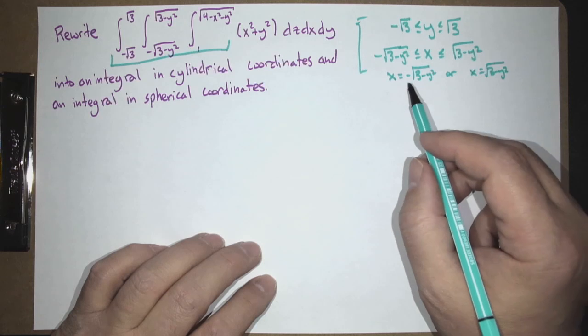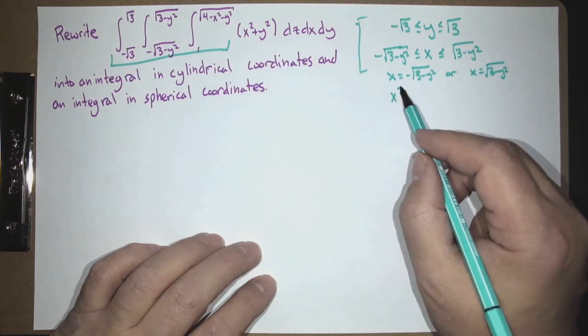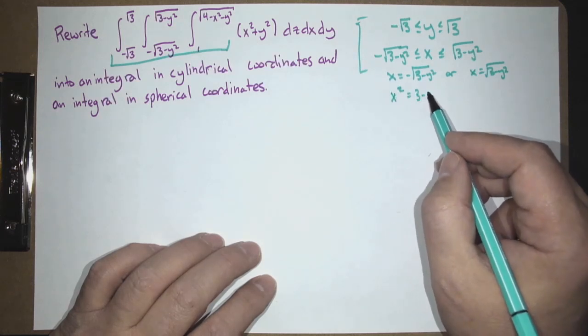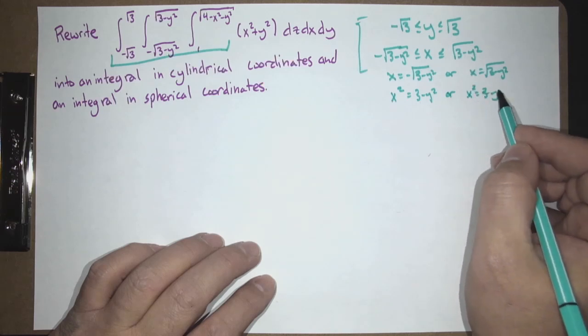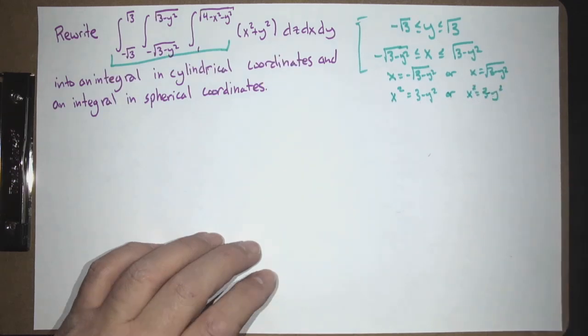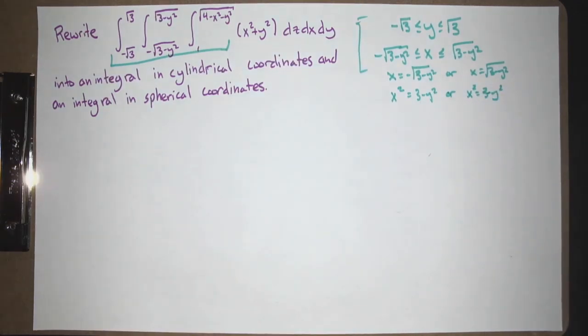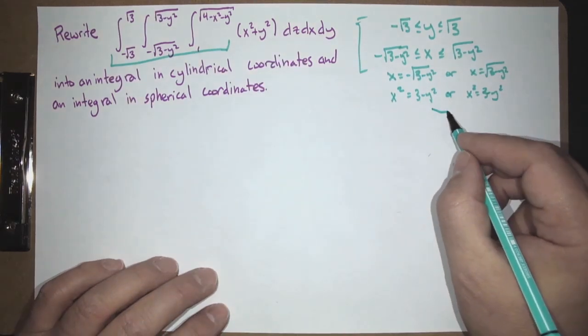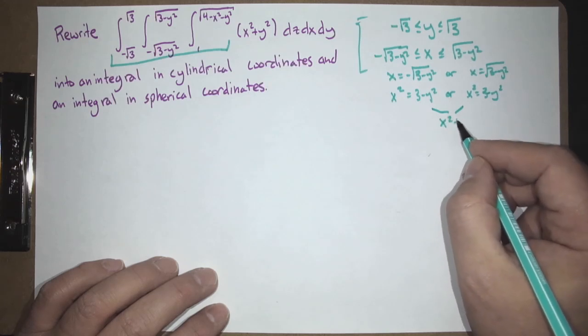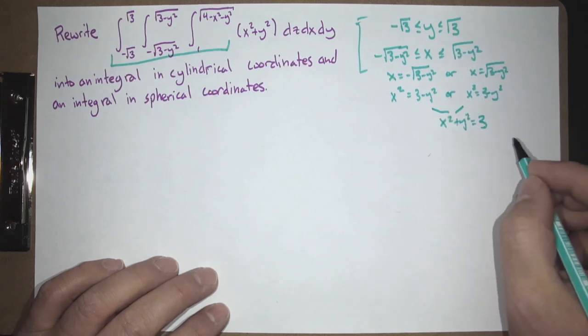Square roots we don't like, so we square: x squared equals 3 minus y squared. They're the same circle, we're just seeing different sides. So what circle do we have? The circle x squared plus y squared equals 3.